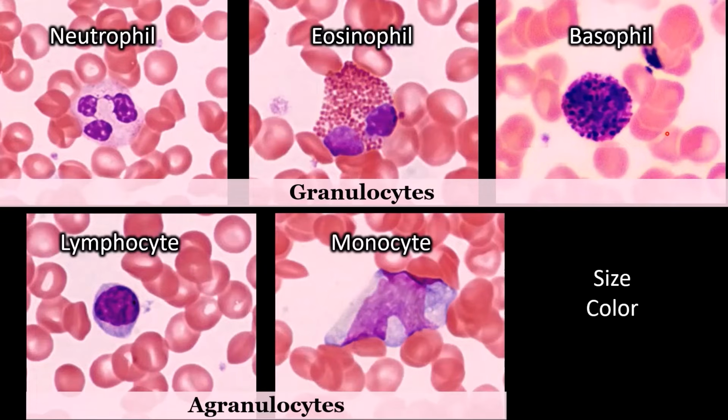Also, the eosinophil and basophil, you see how they both look grainy? Well, they're in the granulocyte family because granulo means like a grain, cyte means a cell, so they're literally just grainy cells. Neutrophils, sometimes they look grainy, sometimes they don't, so you can't really count on the graininess factor.